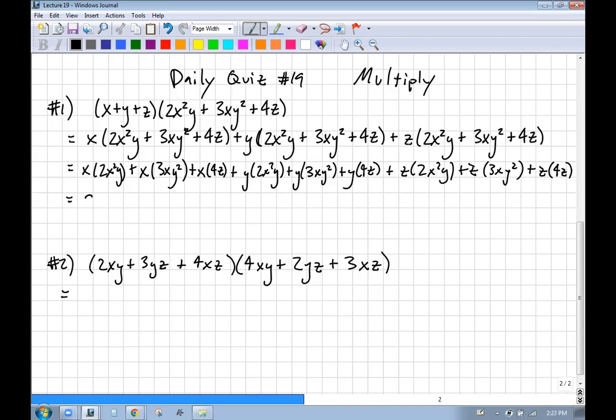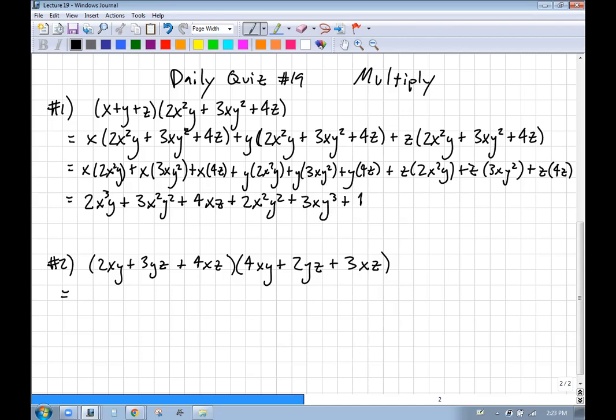So this term, the 2x and x squared gives us 2x cubed y. Here we have a 3, x and x gives us x squared, and we have a y squared. Here we have a 4, x and a z. Here we have a 2, an x squared, y times y is y squared. Here we have a 3, an x, y times y squared is y cubed.